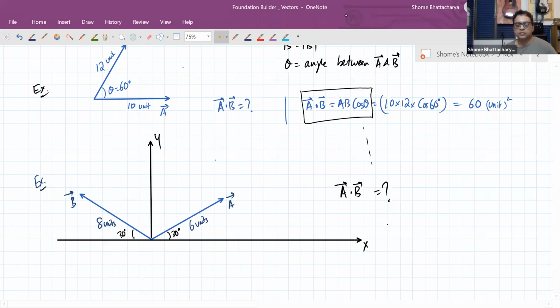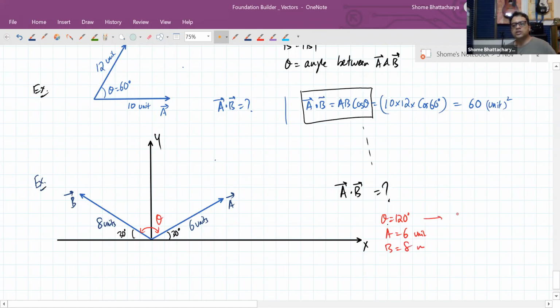Yes, anybody got the answer? Very good. That's correct, Vijay. There's a minus sign involved, because of cos 120. So the main thing is what is the angle between these two vectors? That is this angle. So that theta you can see is 120 degrees, and magnitude of A you can see is 6 units. Magnitude of B you can see is 8 units.